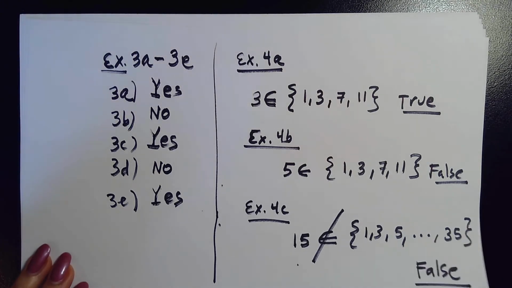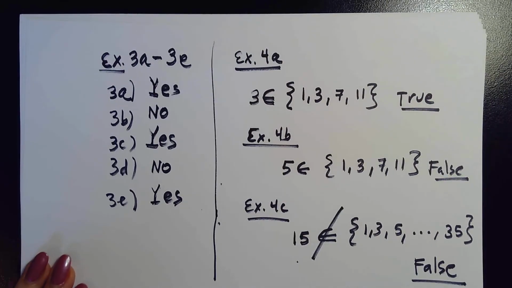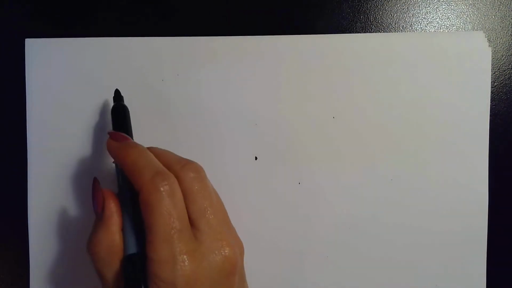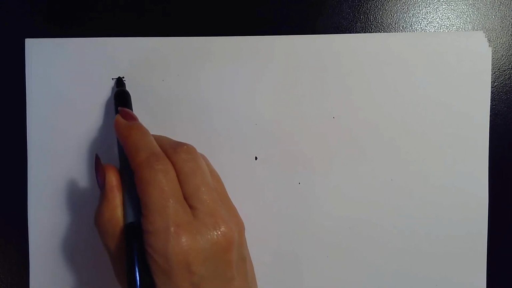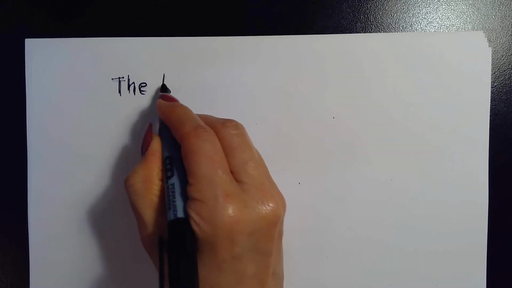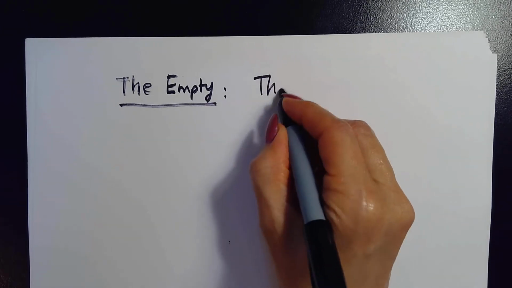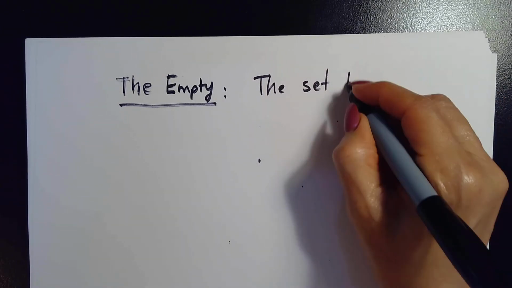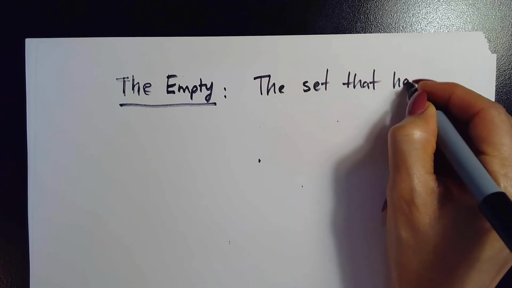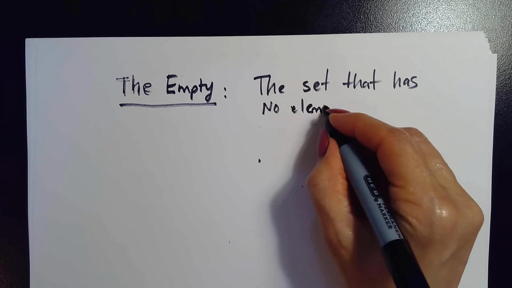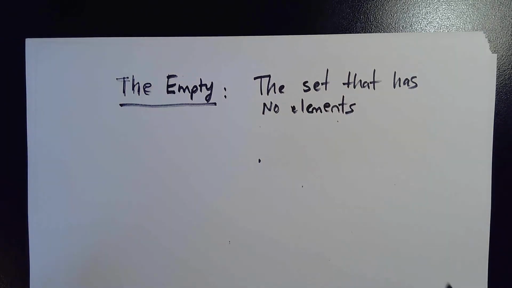Now I must give you a definition, and this one is on the empty set. So the empty set is the set that has no elements.